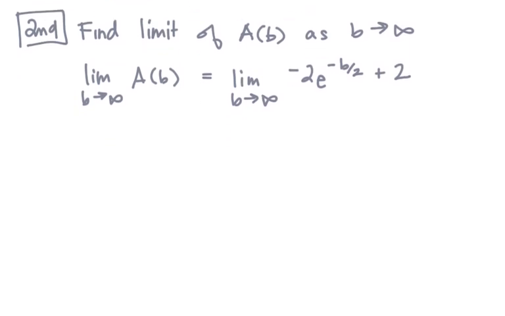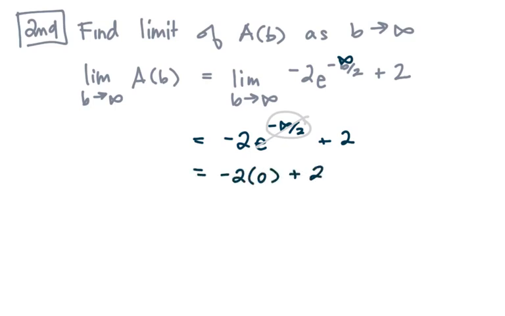If I evaluate this limit and plug infinity in, I've got negative 2e to the negative infinity over 2, plus 2. Well, e to a negative infinite power is essentially 1 over e to the infinity, so that's 1 over a very large number. This term goes to 0. So I've got negative 2 times 0 plus 2, which is 2.